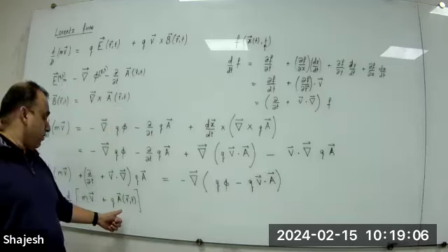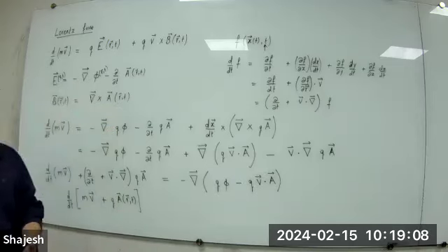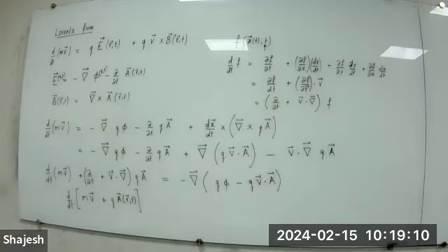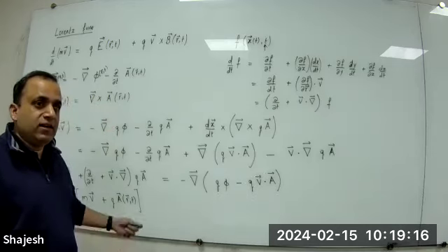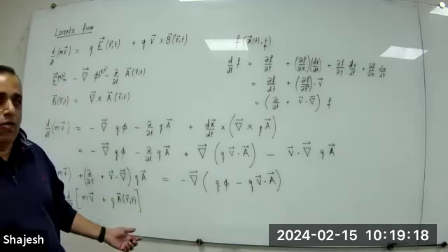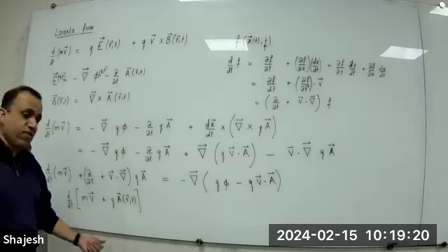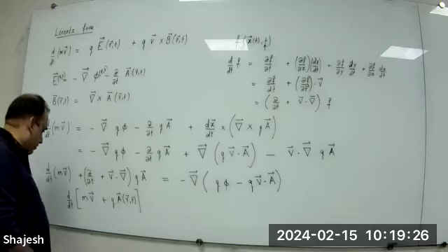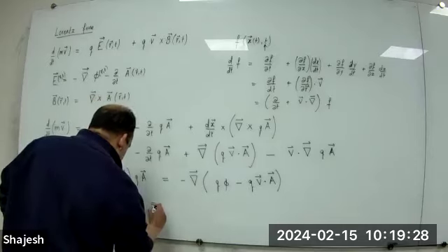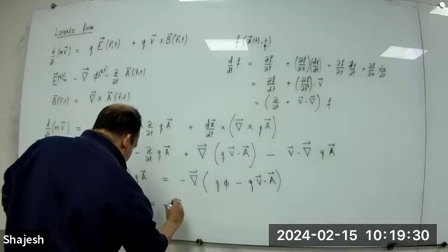You could ask, is there any freedom we have to introduce a velocity dependence? Does Maxwell's equation allow the vector potential to be velocity dependent? That's something you can explore, and this is equal to the negative gradient.